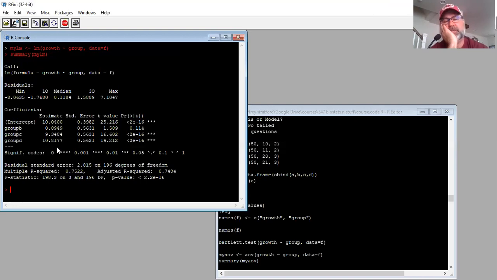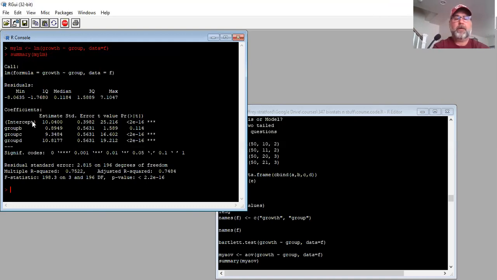What linear model does for you is it takes the lowest ranked group, and it could be alphabetical, usually it's alphabetical, okay? So we had groups A, B, C, D, so it picks A to be the baseline.